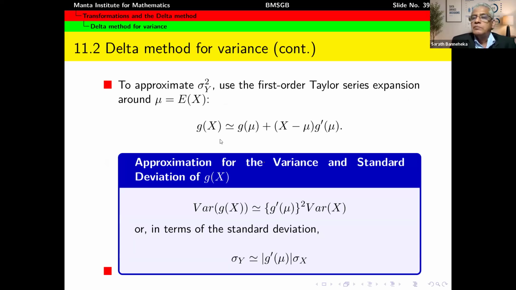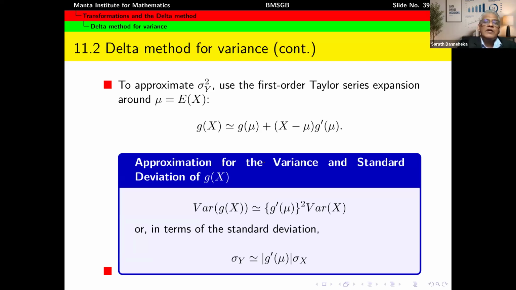We are going to consider only up to the first order term, and neglect all the terms after it, the second order, third order terms. Therefore, g(x) will be approximately equal to g(mu) plus (x minus mu) times the first derivative of g evaluated at this particular mu. So this is the first order approximation to g(x) using the Taylor expansion.